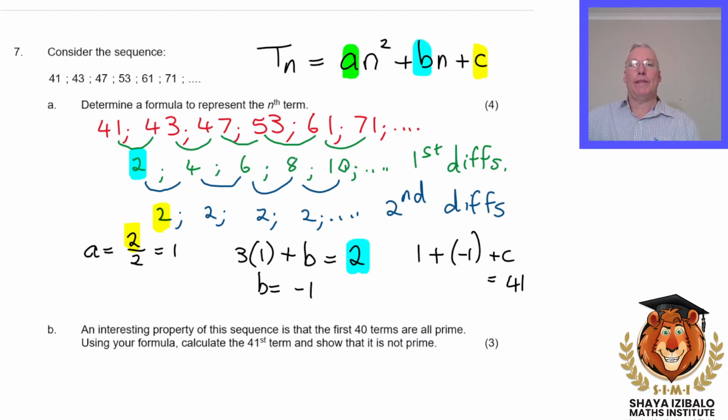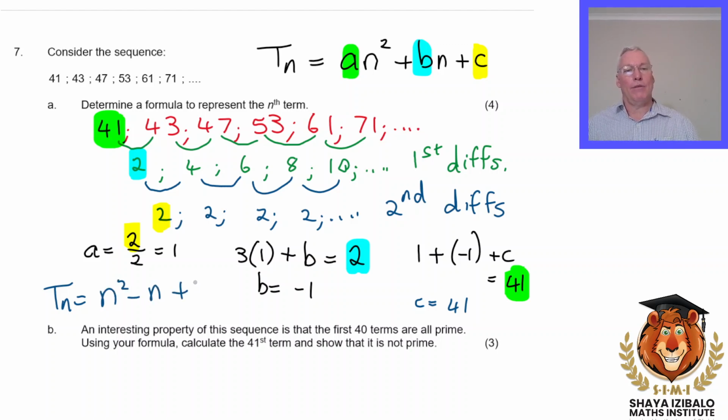The only variable in there is C, so now we know that C is 41. Our final answer is that the nth term formula for this sequence is 1n squared minus n plus 41.